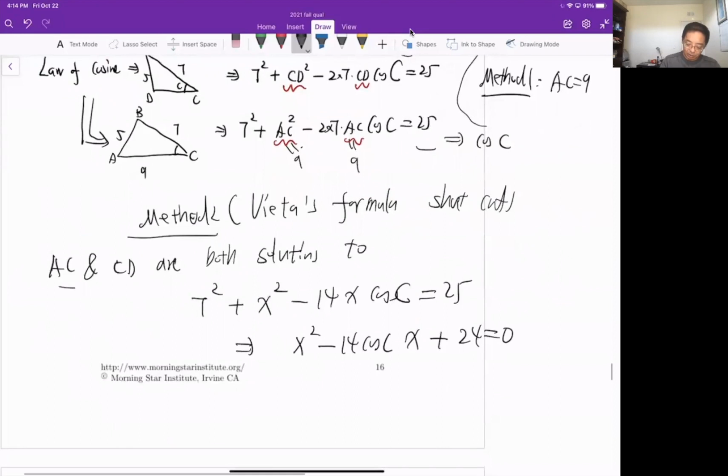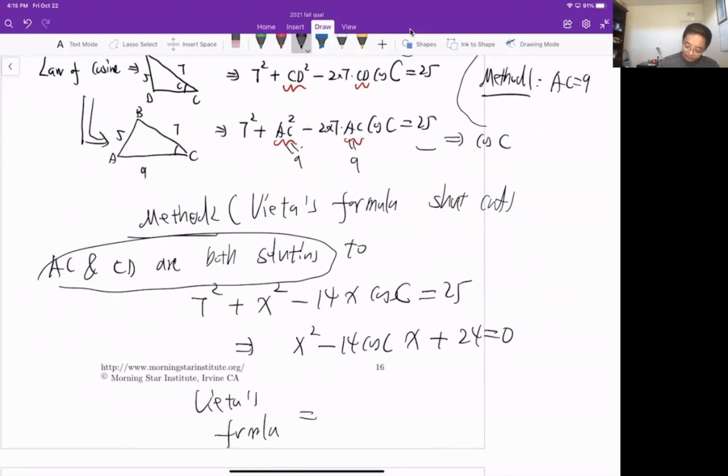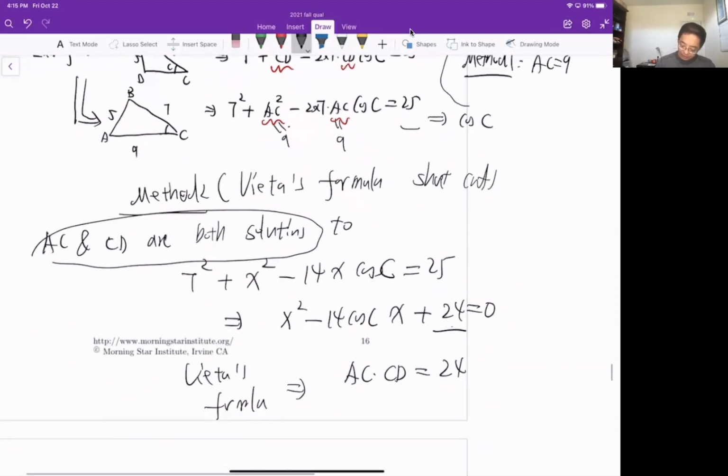And because both of them are solutions to this, by Vieta's formula, AC times CD will be 24. So the product of 2 solutions equals c over a, which is 24. And from here, we quickly get CD is 24 over 9, which is 8 over 3.